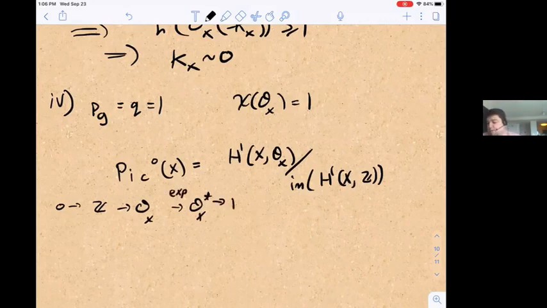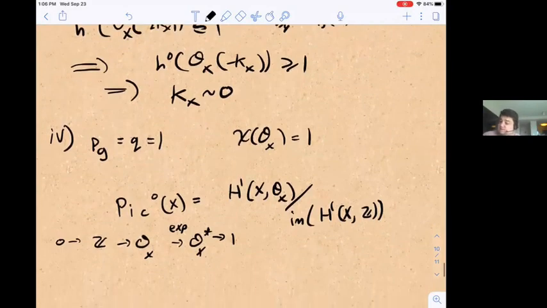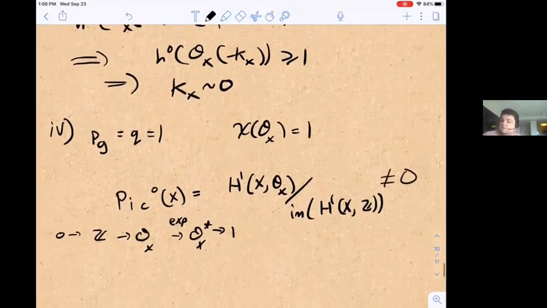But now we know that q is 1. So we know that this Pic 0, this Picard variety or Picard group of X, is one-dimensional. So this is not 0 because q is the same as H1 X OX, which is the same as the dimension of Picard.